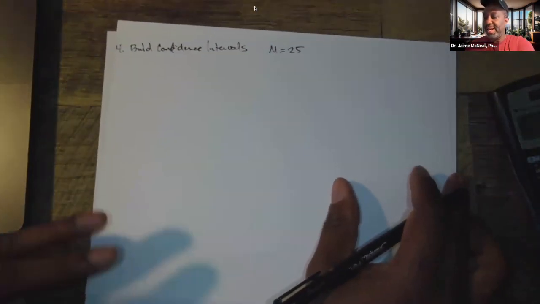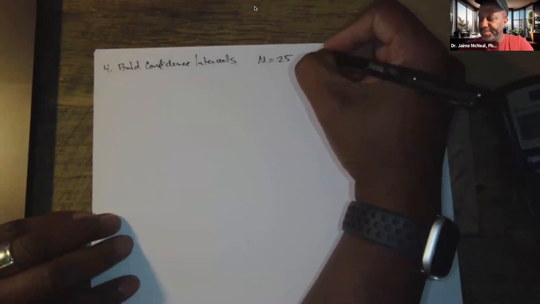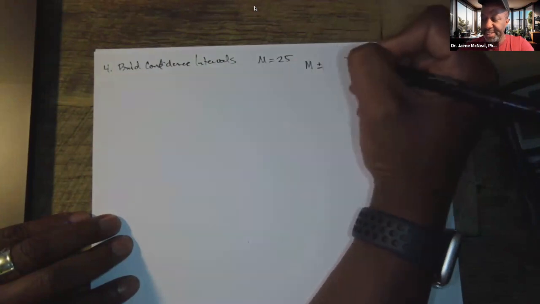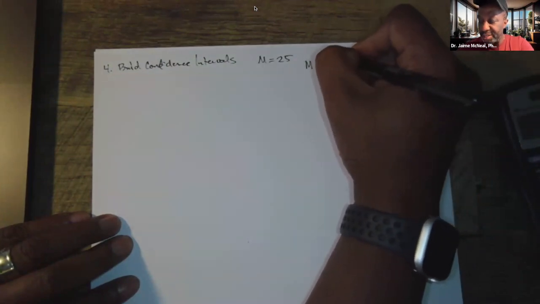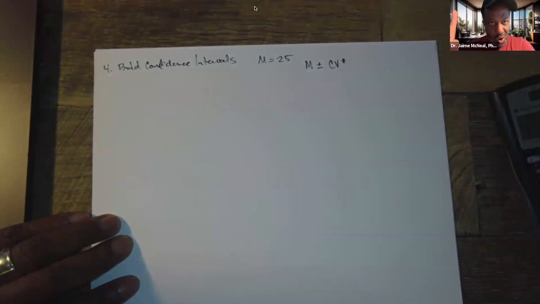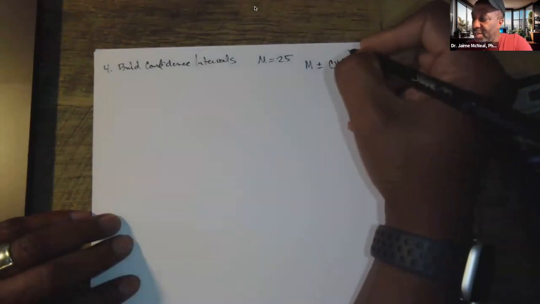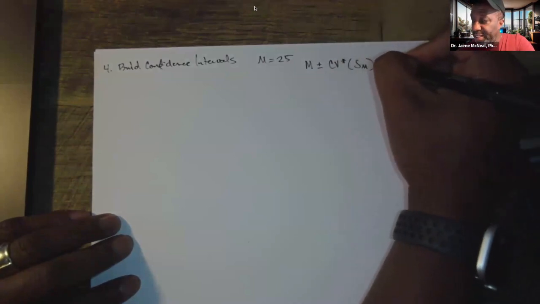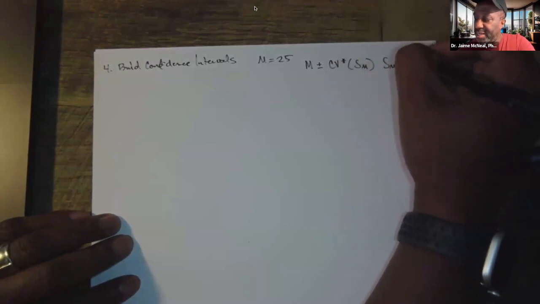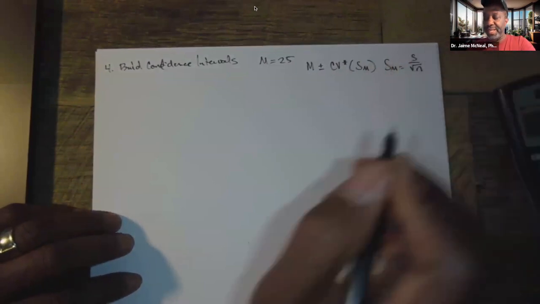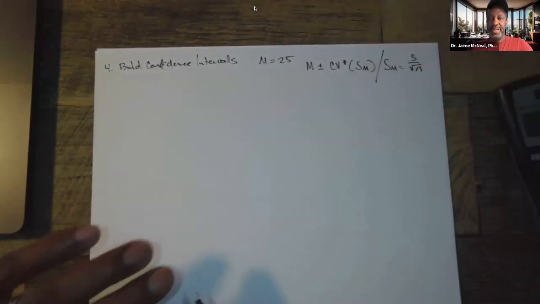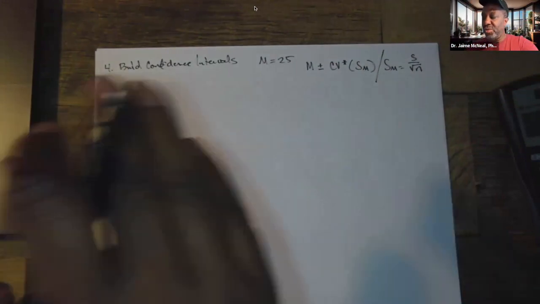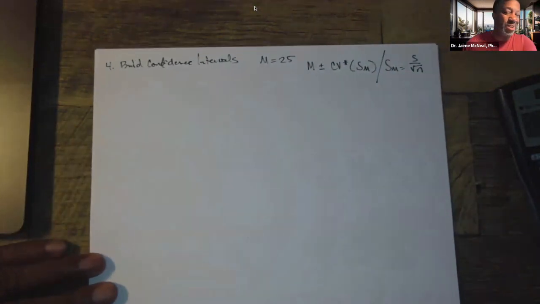Let's write on the side that the formula for confidence interval is the mean plus and minus the critical value for a two-tailed test, which is always for a confidence interval, times the standard error. And the formula for standard error is standard deviation divided by square root of n. You keep this information in your pocket as you work through problem 4A, 4B, 4C, and 4D. You know what you need versus what you have, and then you can figure it out.